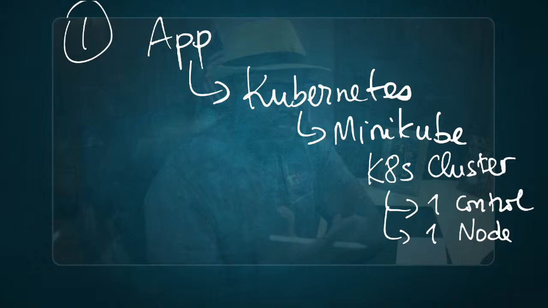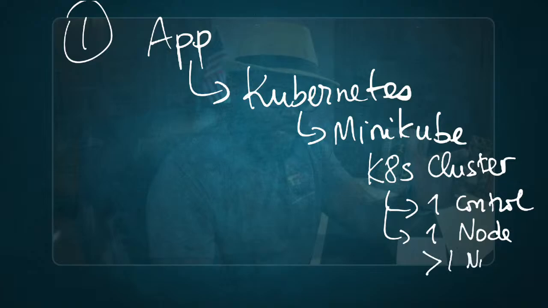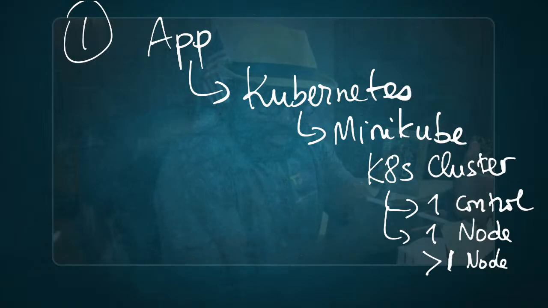So that's the only difference between this one and the one that you would use in production. In production, you use something a little bit bigger, meaning you have more than one node, more than one worker machine. All right. So that's it.